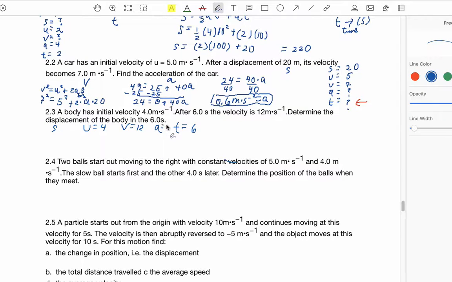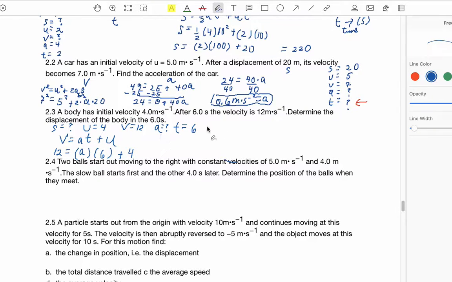So let's be clear. One thing that we don't have is the acceleration. I know we want the displacement, but since we don't have the acceleration, I'm going to do something unusual. I'm going to use v equals at plus u, and actually solve for that acceleration. So we have 12 equals a times 6 plus 4.